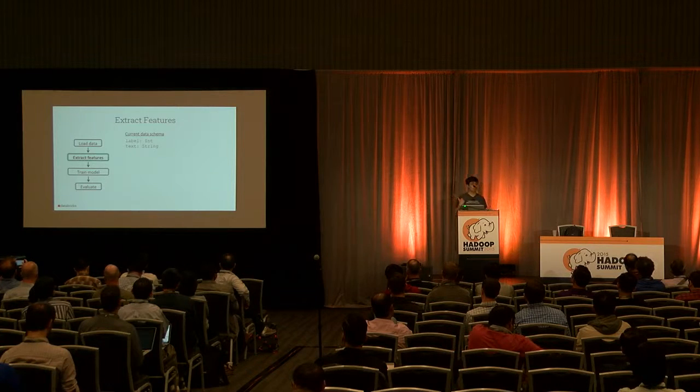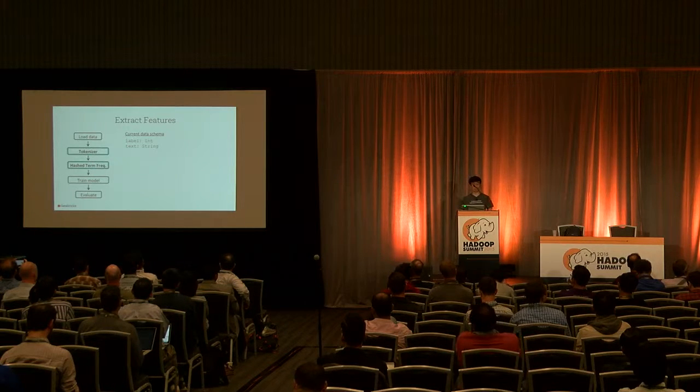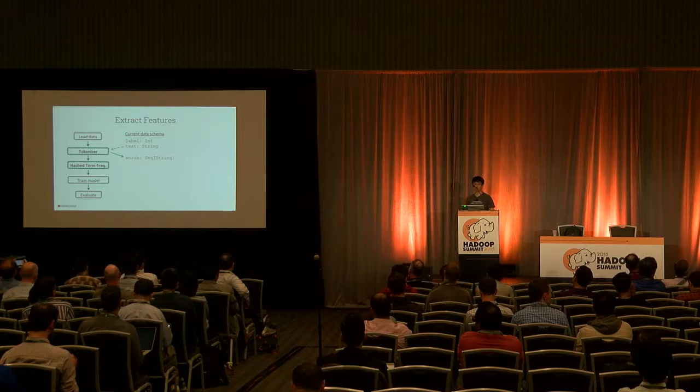So the next step is feature extraction. And actually for this ML problem, I'll make it a little more complex and have 2 levels of feature extraction. First, we'll tokenize the data. And what that means really is taking the text of an article and outputting a new column of words. So the new column will be labeled words and have type sequence of string, just like all the words in the data.